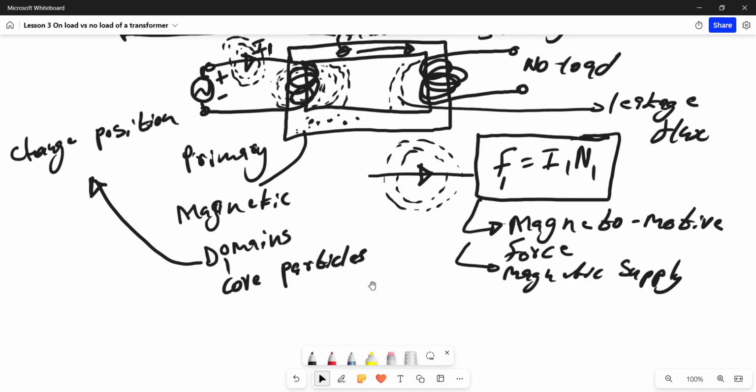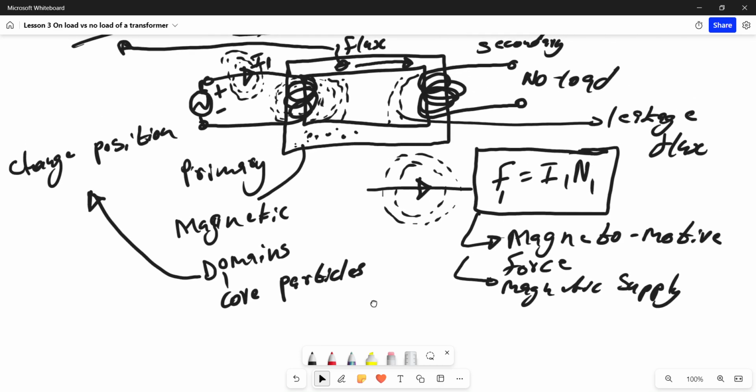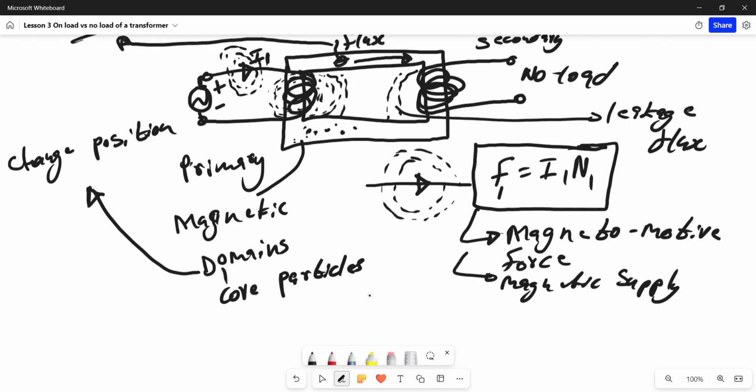But irrespective of that, this flux will have a change in nature because it was caused by AC, so it is changing. As this flux changes, it will cut the same winding that has caused it, which is the primary winding. When it cuts the primary winding, an EMF is induced, which is called E1.